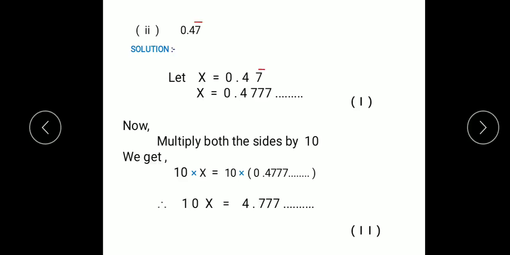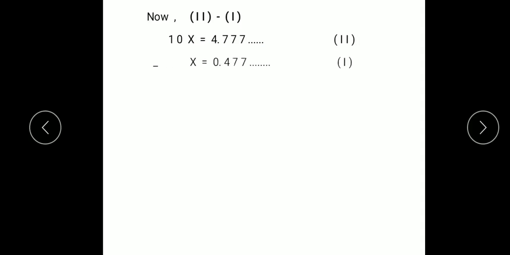Now we know the next step. We have to subtract statement number 1 from statement number 2. Let us see what we get. Copy statement number 2 followed by statement number 1 and subtract both the statements. If you look at the LHS, 10x minus x is equal to 9x. Here, in the decimal part, 7 minus 7 will give you 0.